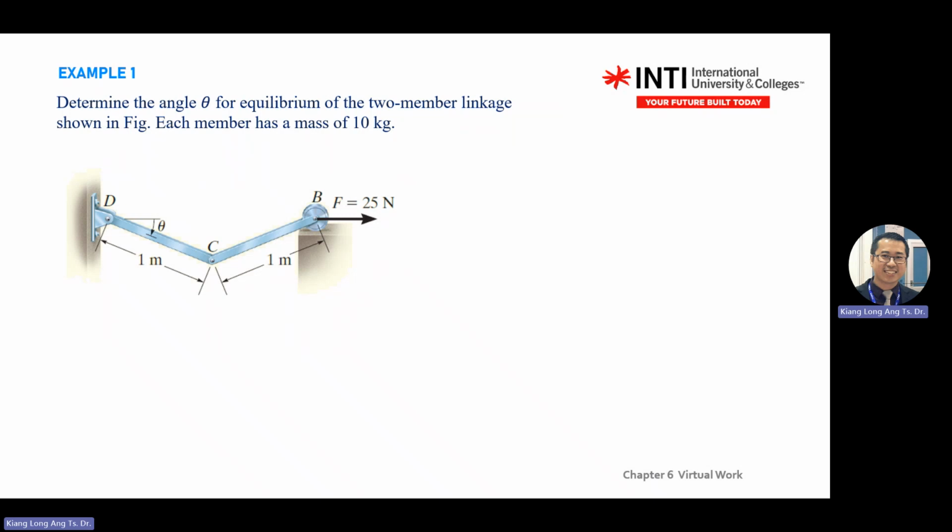If you pull this one 25 Newton to the right, this linkage will move up.